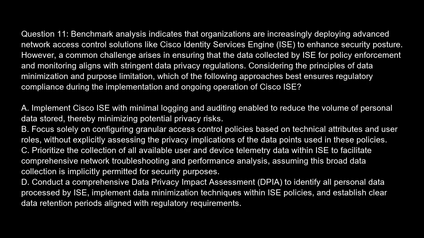Option C. Prioritize the collection of all available user and device telemetry data within ISE to facilitate comprehensive network troubleshooting and performance analysis, assuming this broad data collection is implicitly permitted for security purposes. Option D. Conduct a comprehensive data privacy impact assessment, DPIA, to identify all personal data processed by ISE, implement data minimization techniques within ISE policies, and establish clear data retention periods aligned with regulatory requirements.